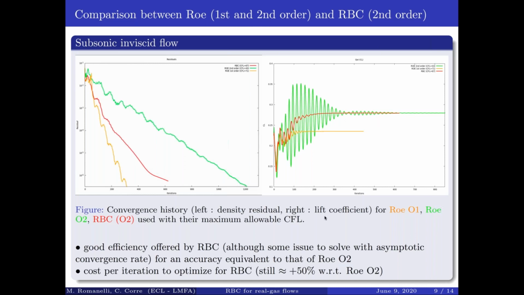Actually, you have the same level of accuracy. Here it's reported in terms of iterations. Of course, in terms of CPU, there is still optimization to perform, because per iteration the cost is roughly 50% larger.